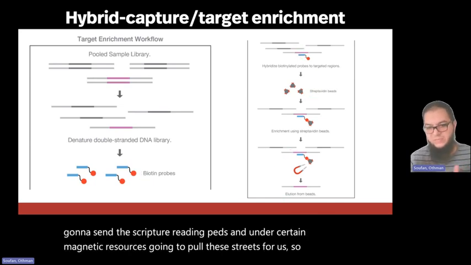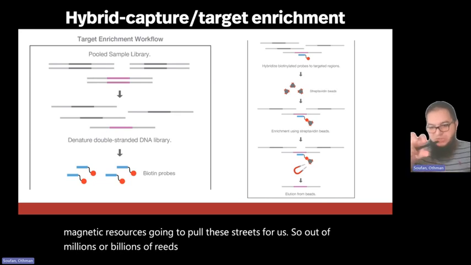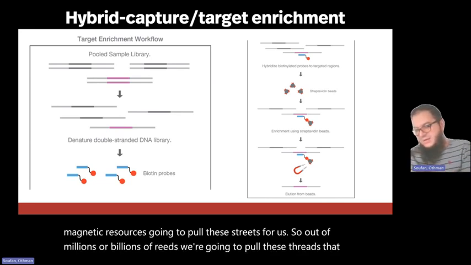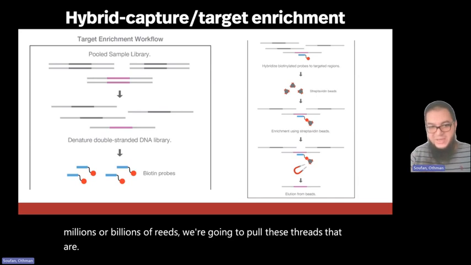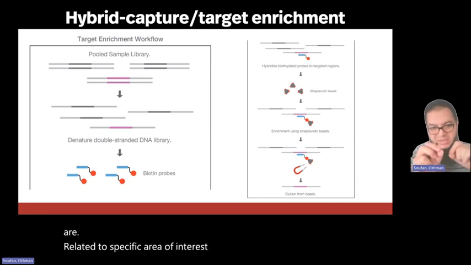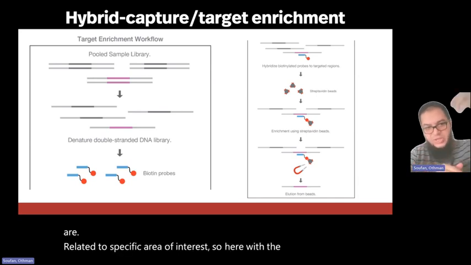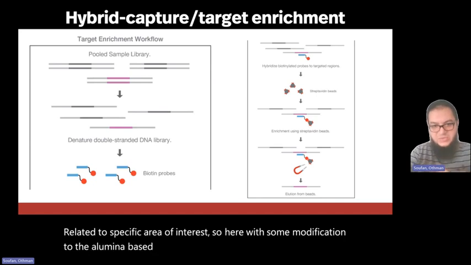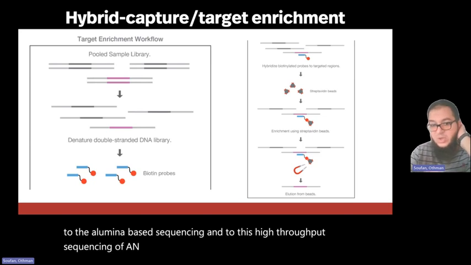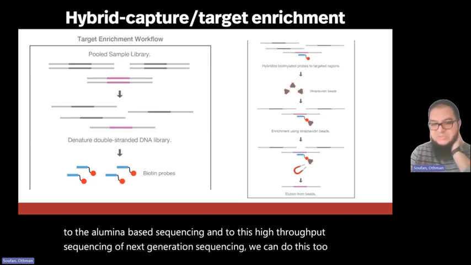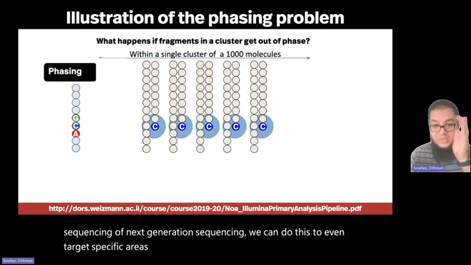So out of millions or billions of reads, we're going to pull these reads that are related to a specific area of interest. So here, with some modification to the Illumina-based sequencing, to this high throughput next generation sequencing, we can even target specific areas of interest.